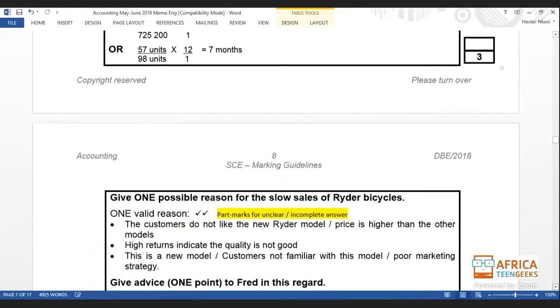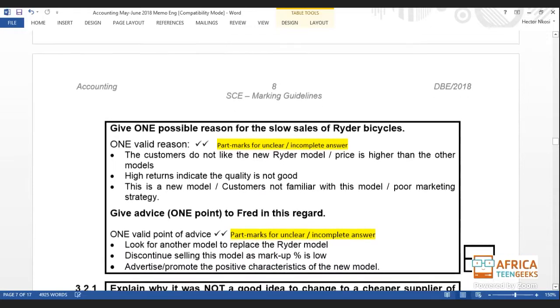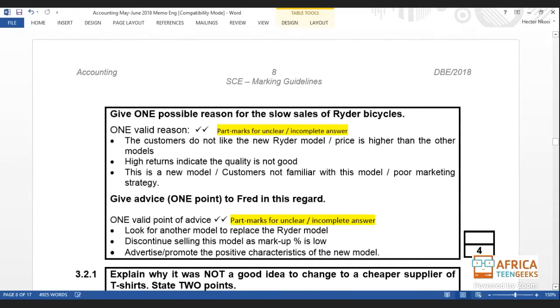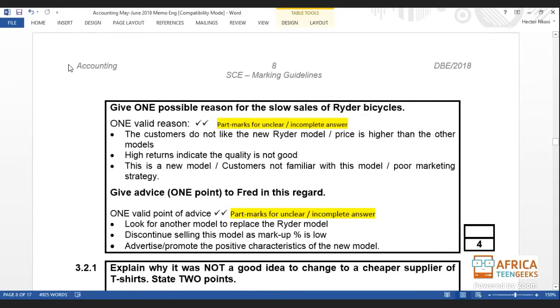This is more of a theory question, guys. It's pretty much easy and straightforward. The customers do not like the new rider model or its price is higher than the other models.